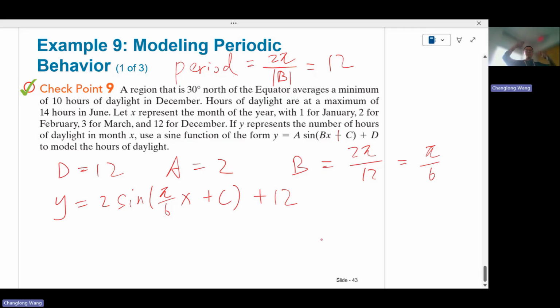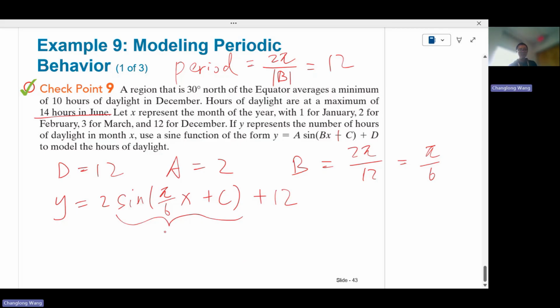So it's going to be some kind of a sinusoidal graph. But when do you think the maximum is going to occur? The June, right? So when x equals 6, the sine graph will reach the maximum.